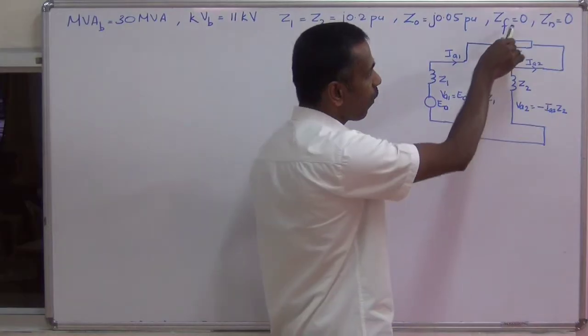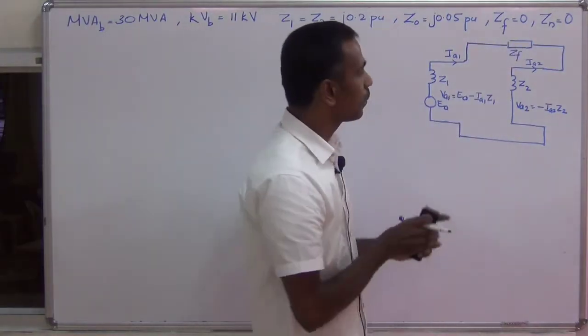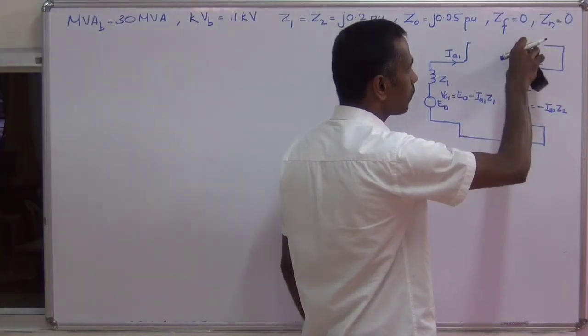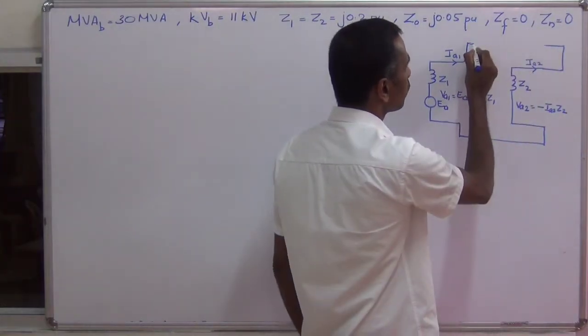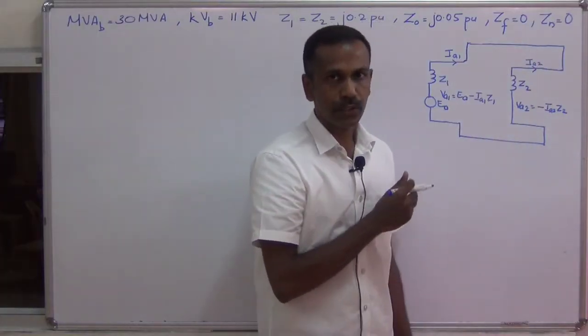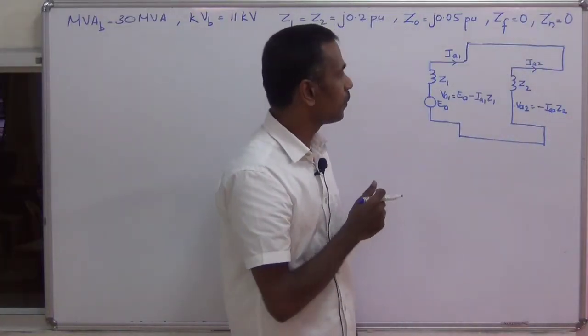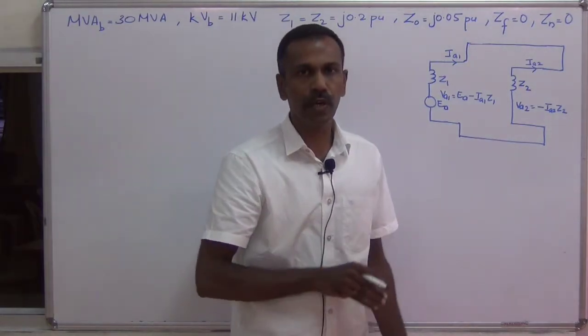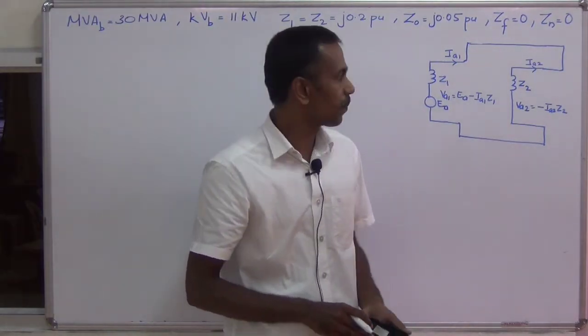In our case, the fault impedance equals 0, so there is no fault impedance here. As the fault impedance is not given in the question, we can assume that ZF equals 0. So this is the network. There is no zero sequence network for a line-to-line fault.